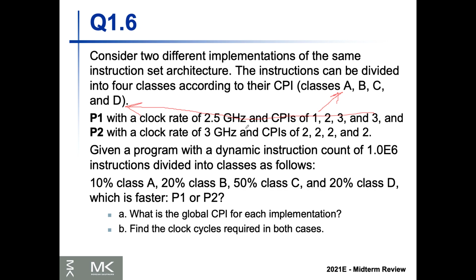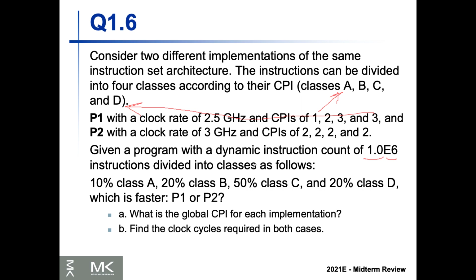So now the question is: given a program with a dynamic instruction count of 10 to the power of 6, and those instructions have been divided into classes. 10% of these instructions are in class A, 20% of these million instructions are in class B, half of those are in class C, and the remaining 20% is in class D. The question was, which processor is faster, P1 or P2?